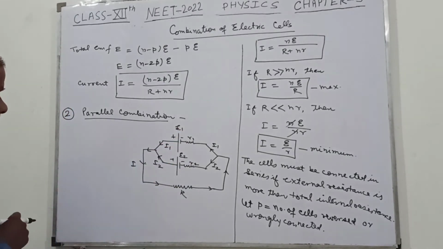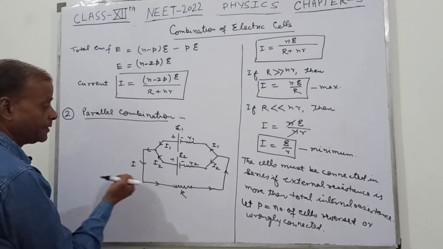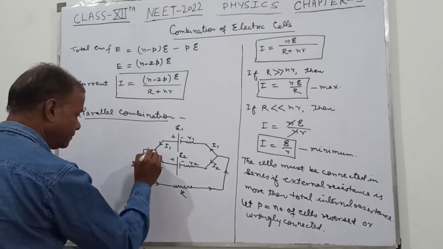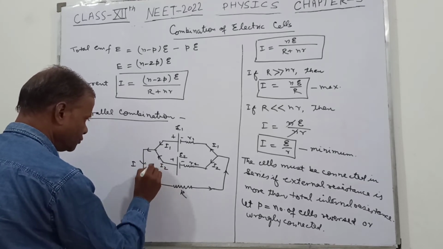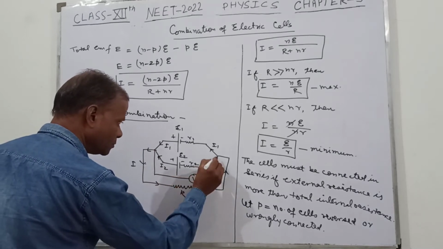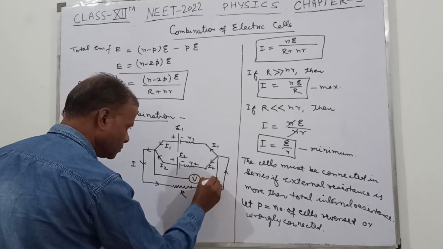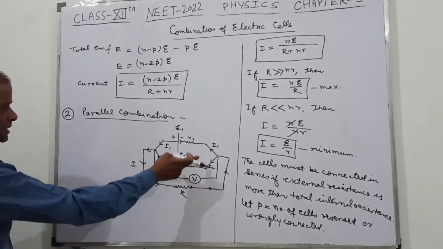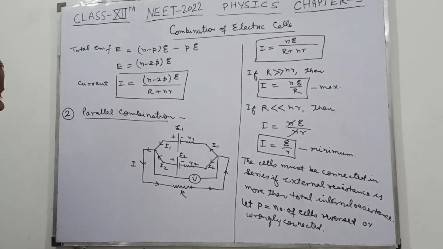Then how to find? Now terminal voltage across these two cells will be the same. So what we have? This is now I. This is now voltage. That will be the same. Terminal voltage is the same. So what we have?